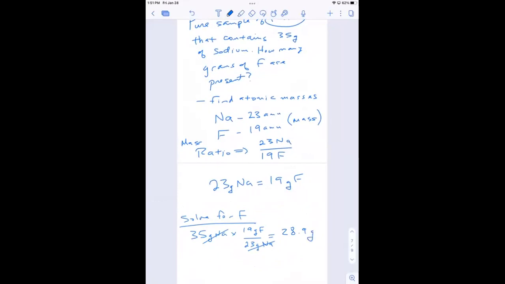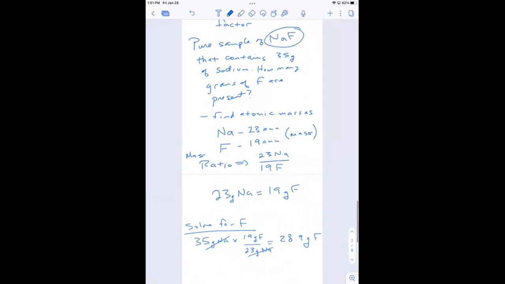28.9 grams of fluorine. So in this sample, a pure sample of sodium fluoride that contains 35 grams of sodium, because of the ratio of fluorine to sodium that we can determine based on their atomic masses, that sample has to have 28.9 grams of fluorine.